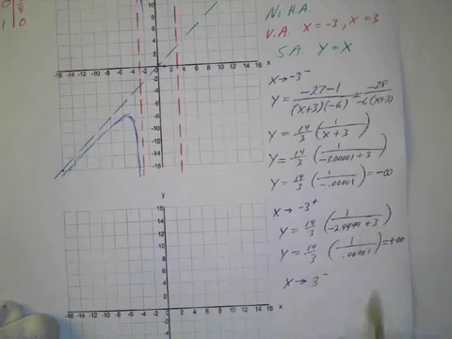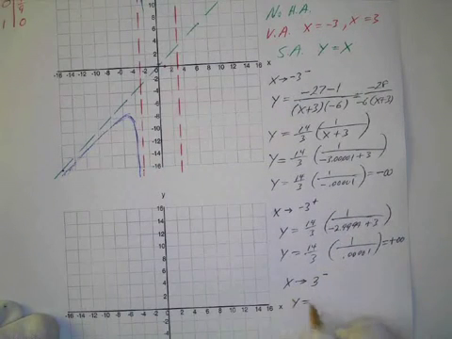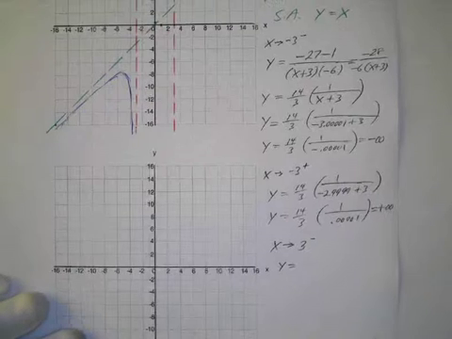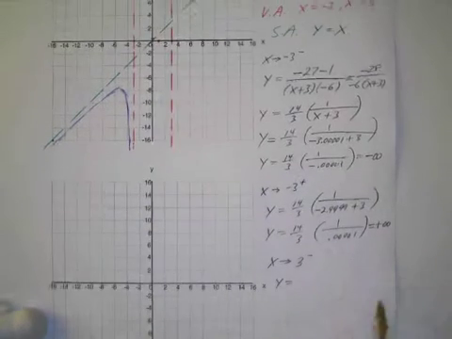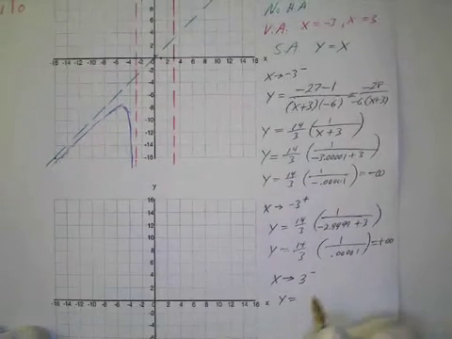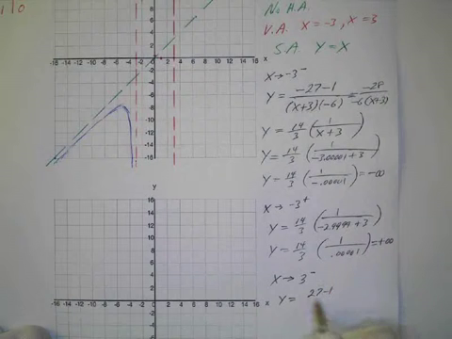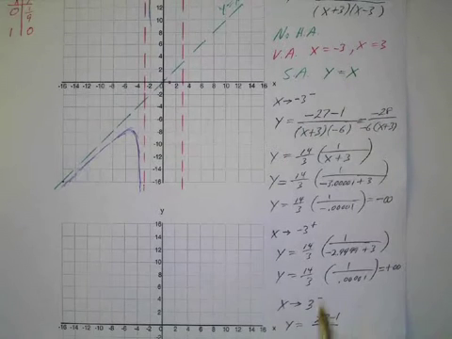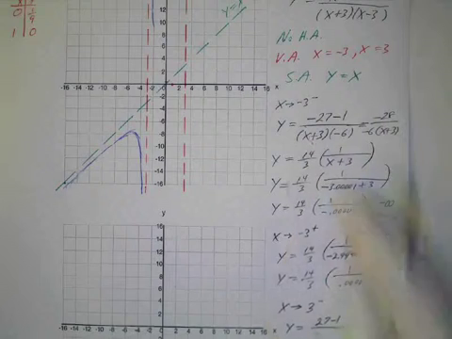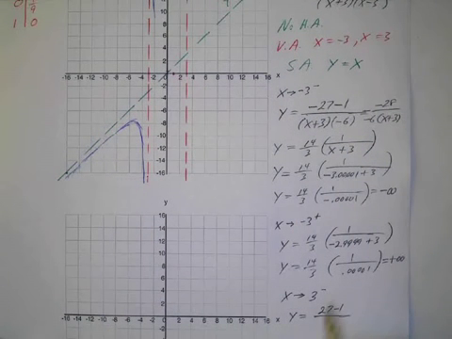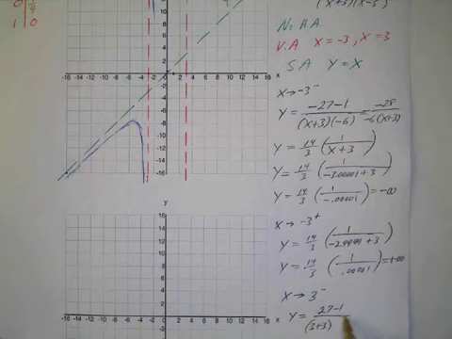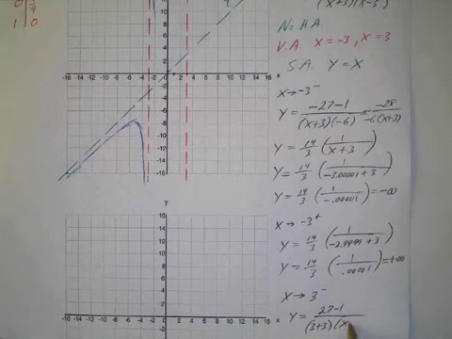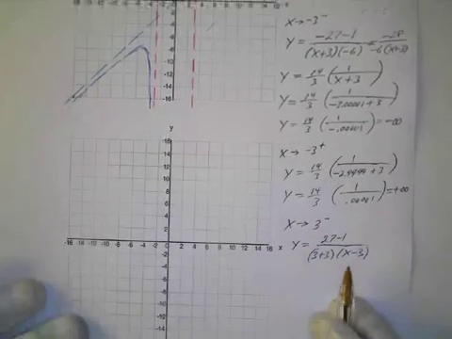All right, so when we put that in, y equals, if I put +3, it's going to be 27 minus 1 all over, and then I can put positive 3 in here, so that's going to be 3 plus 3. And then the x minus 3 we can't do because that's going to be 0, okay?